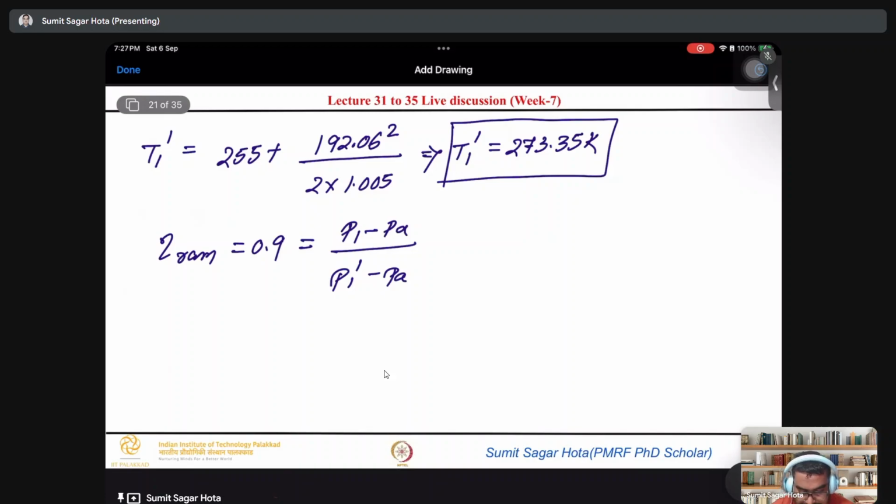So let's apply the T-P relation to find out P1 dash, because we have everything between TA and 1 dash except P1 dash.